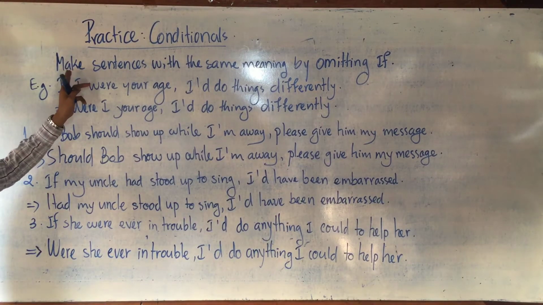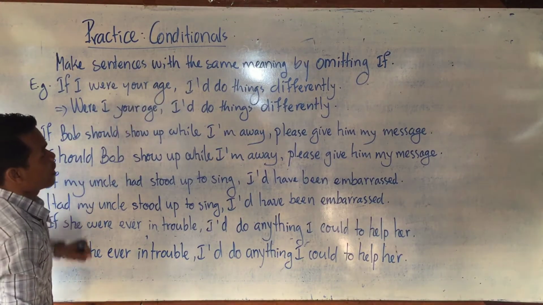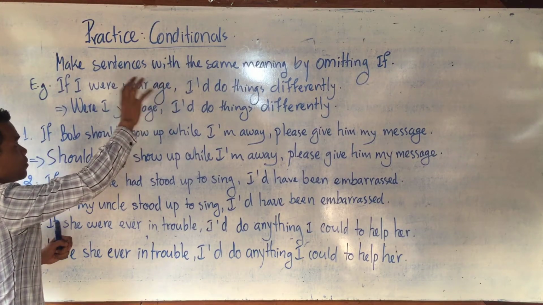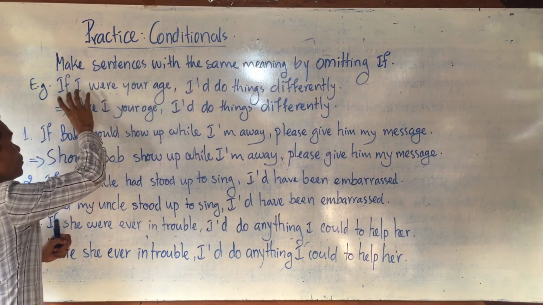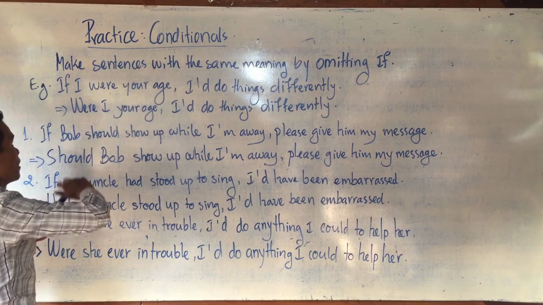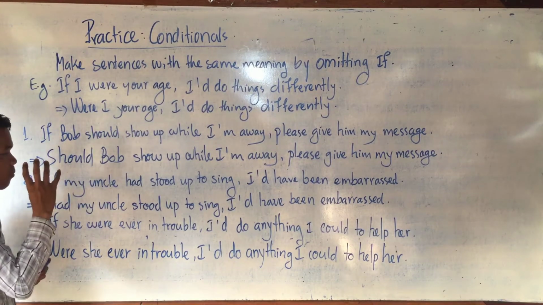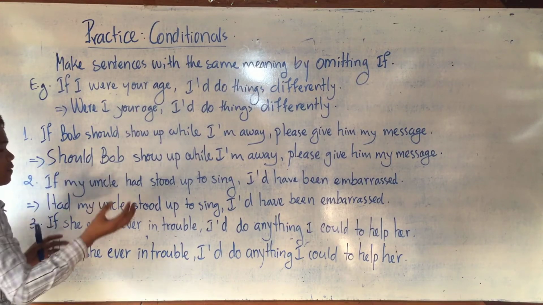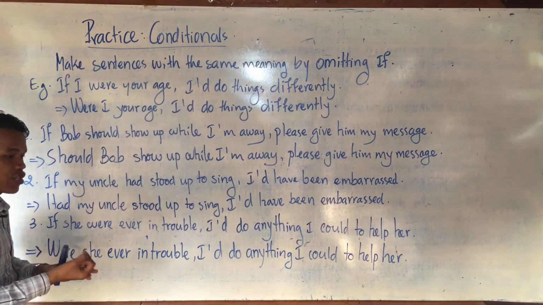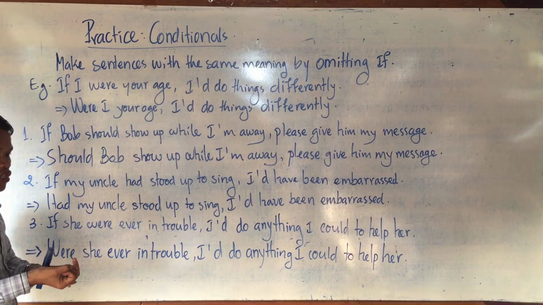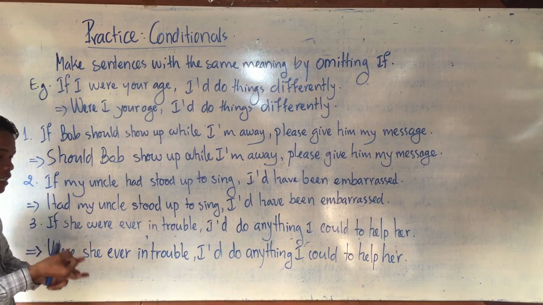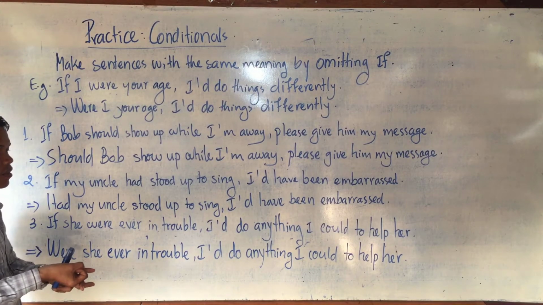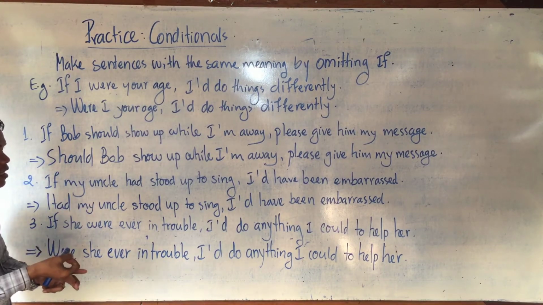Again, our direction is to make sentences with the same meaning by omitting if. So it means that the if in a conditional, we can change to another sentence, but it has the same meaning. Normally, this omitting of if occurs in the first conditional if clause with should, the second conditional if clause with were or the subject, and the third conditional.